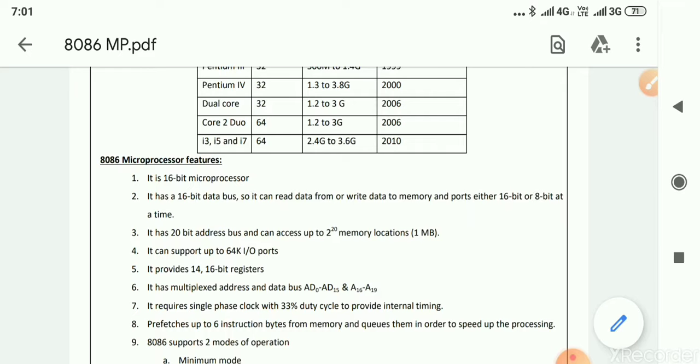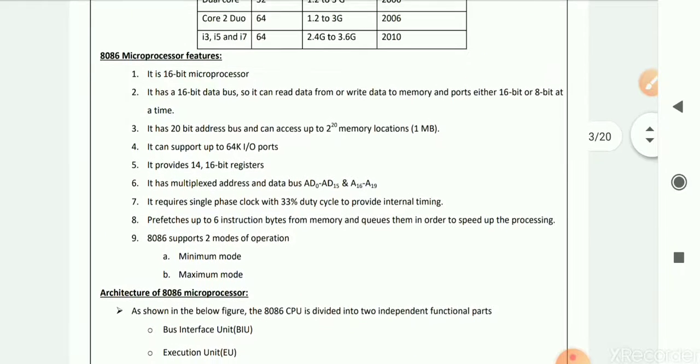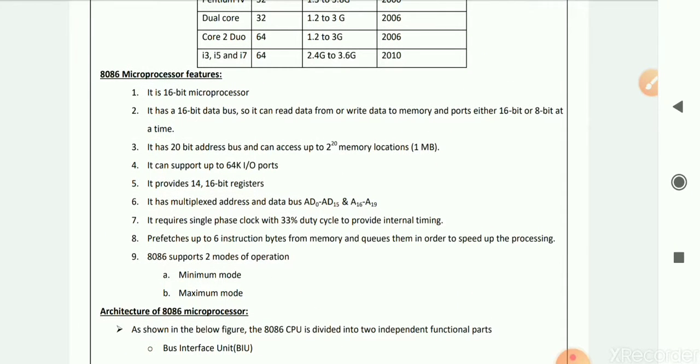So we should now come to the other features. You can also see here that it can support up to 64K input output ports. Okay, and it has 14 16-bit registers.